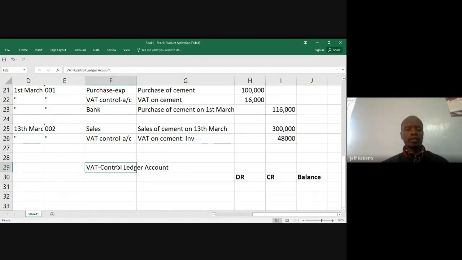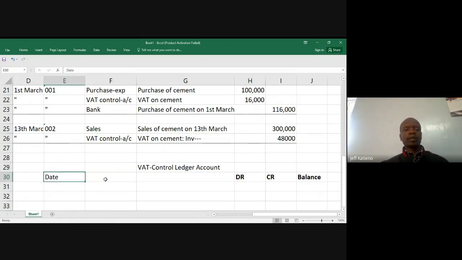Now this is the VAT ledger account. So what you'll have here is your date, journal number, and description or detail.